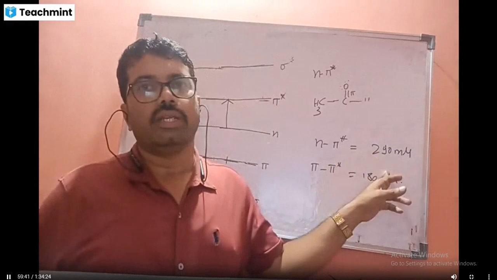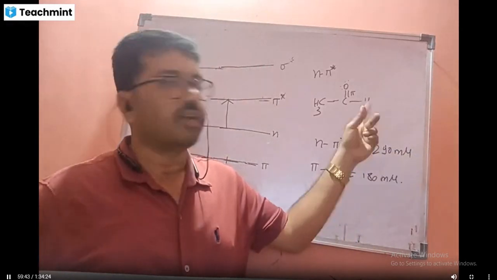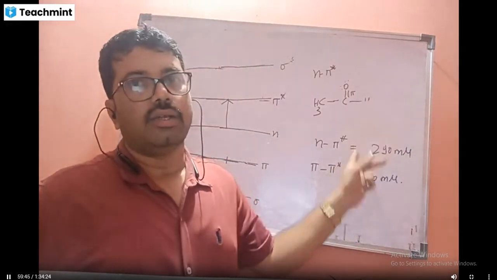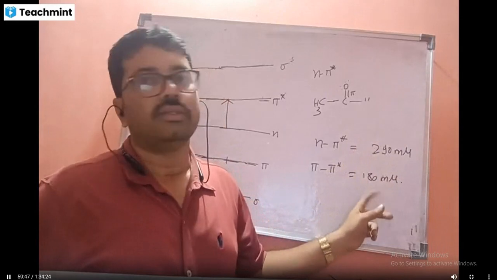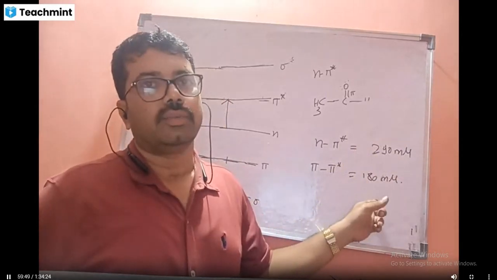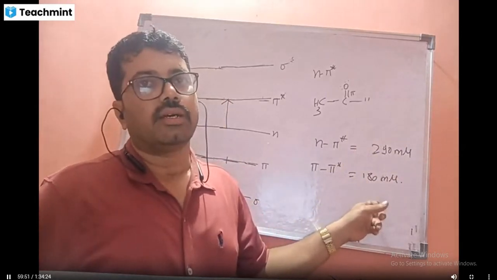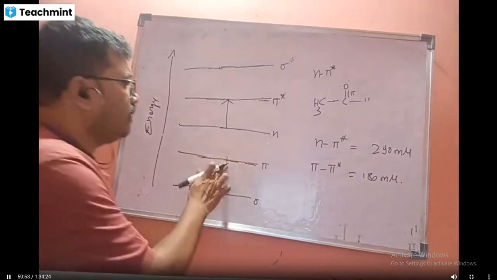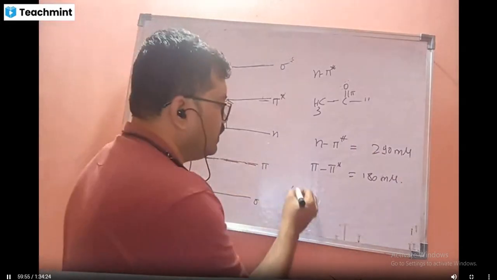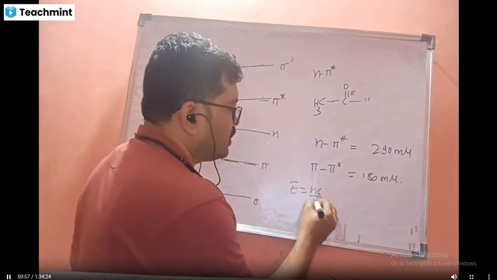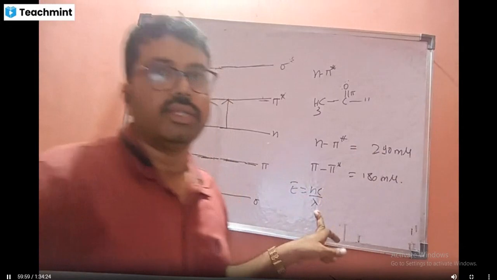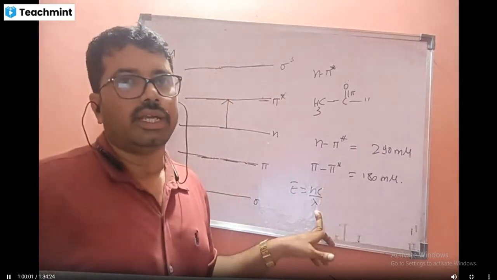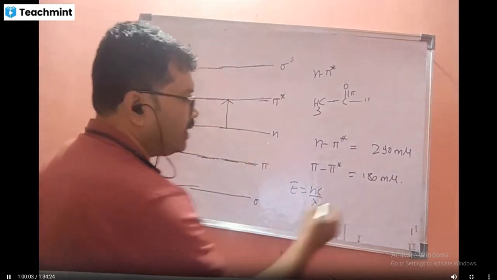So this is very low energy. Millimicron means 10 to the minus 9. So the value is less, so this is high energy. So absorption occurs at lower wavelength. Lower wavelength means absorption occurs where the energy gap is less. This is usually intense, so as the energy gap is less, it is very intense.